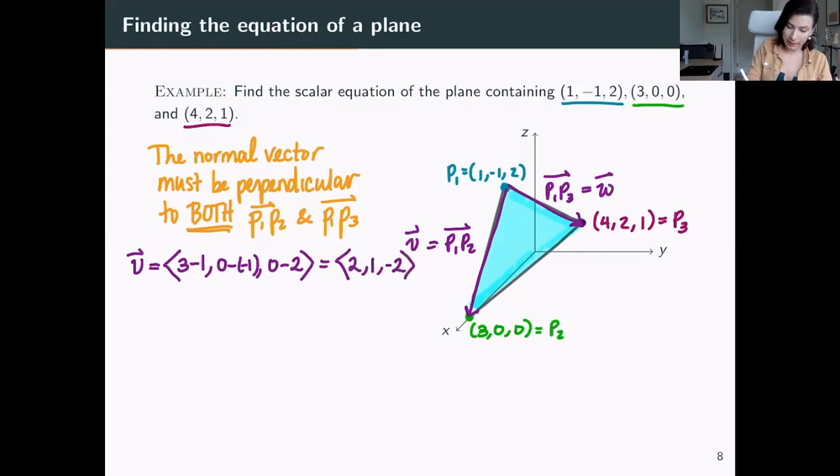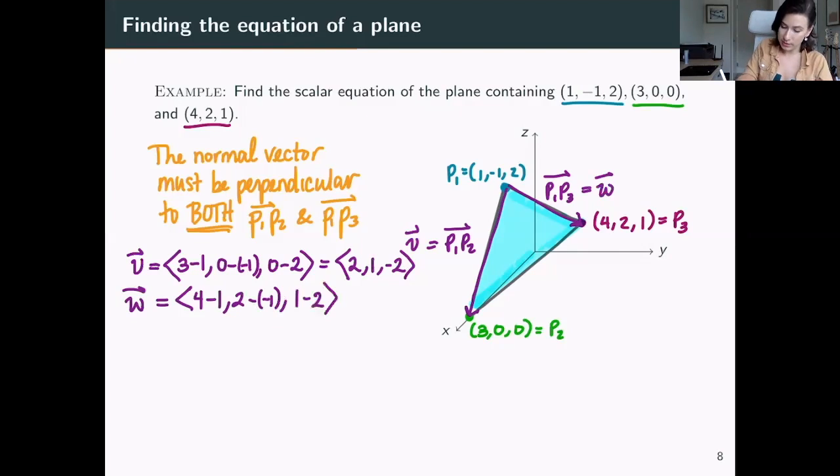And then my vector W, same idea, terminal minus initial. So my terminal for P3 is going to be 4 minus 1, comma 2 minus a negative 1, comma 1 minus a 2.